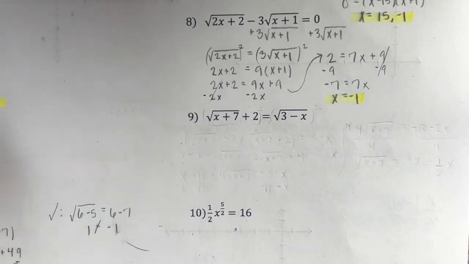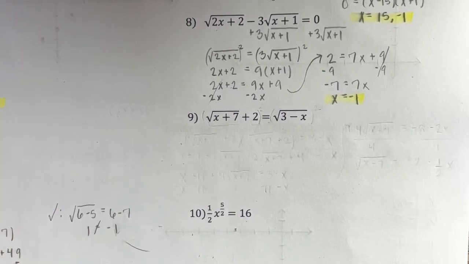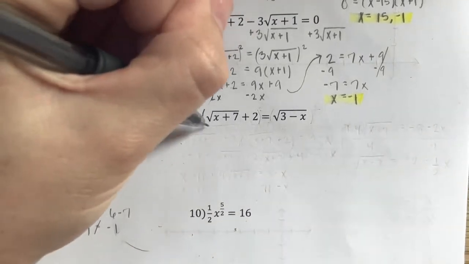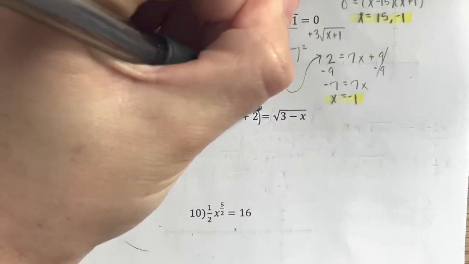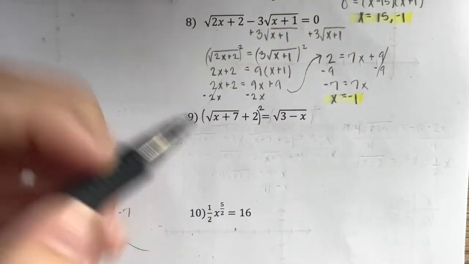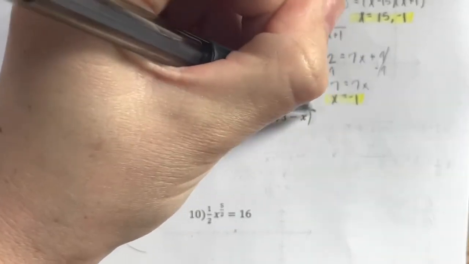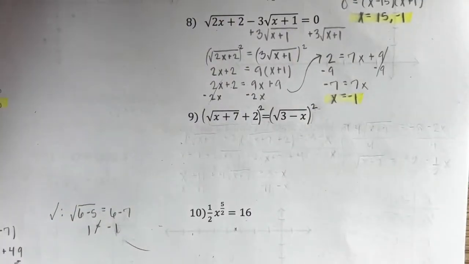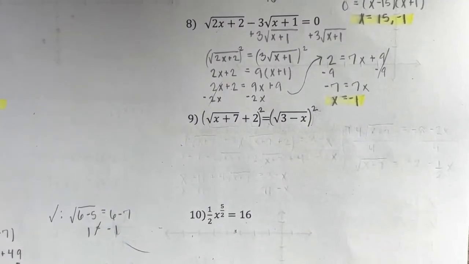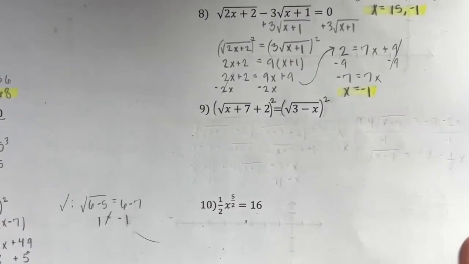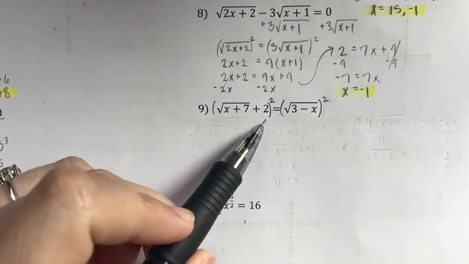So whenever we're in this situation where there's no real way to isolate the radical, we kind of just need to go ahead and square both sides right then and there, or cube, depending on what type of radical it is. So I'm going to square the left side, including the 2, and I'm going to square the right side. In order for these equations to stay true, we have to square everything on each side, so we have to include the 2.